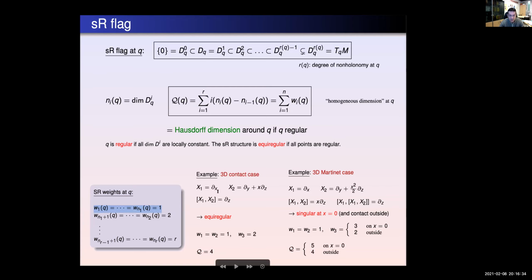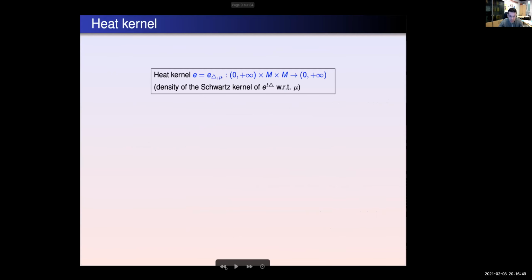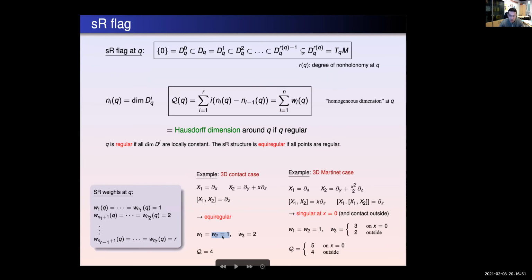For instance, the x variable is directly accessible, so you say that W1 is equal to 1. Also, the y variable is directly accessible, so you put W2 equal to 1. But when a variable is only accessible by taking a Lie bracket of length 2 here, then you put W3 equal to 2, and etc., etc.